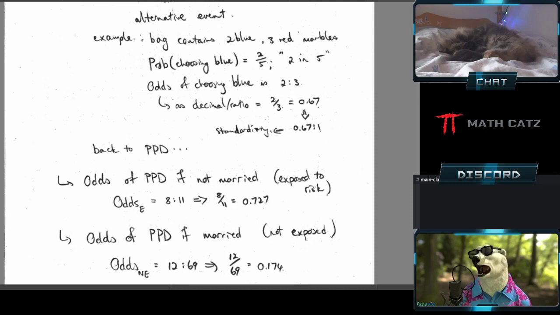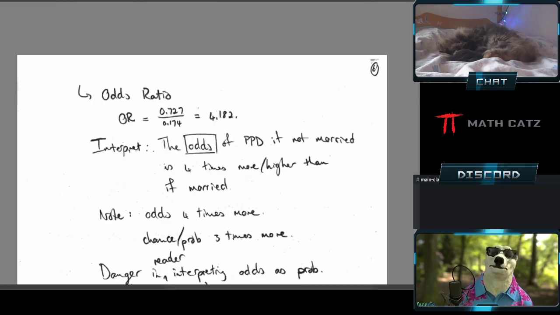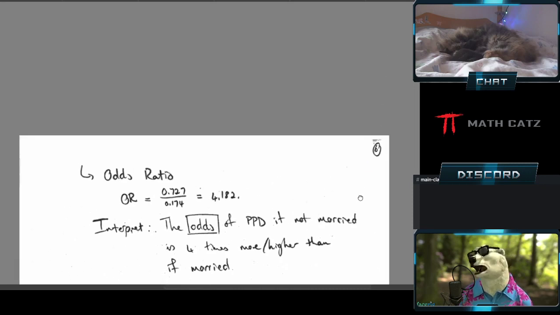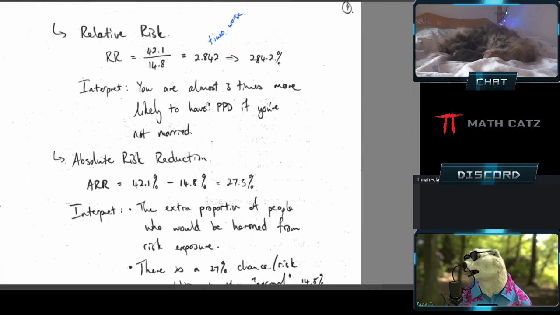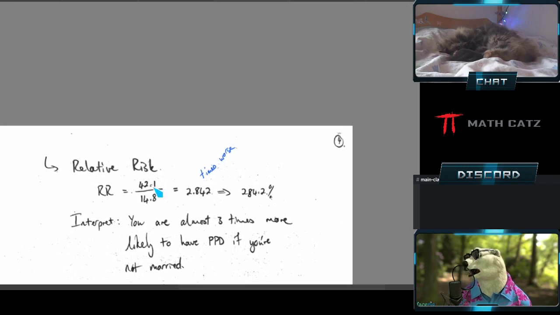So then the odds ratio is simply the ratio of the odds. Very similar to relative risk, but using the odds instead of the probabilities. If I go back and look at the relative risk, these percentages are the probabilities of having postpartum depression between married and not married.